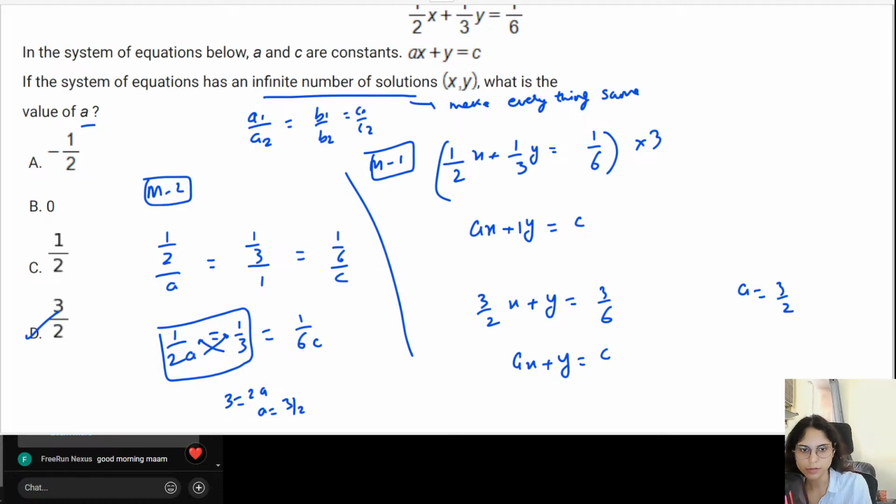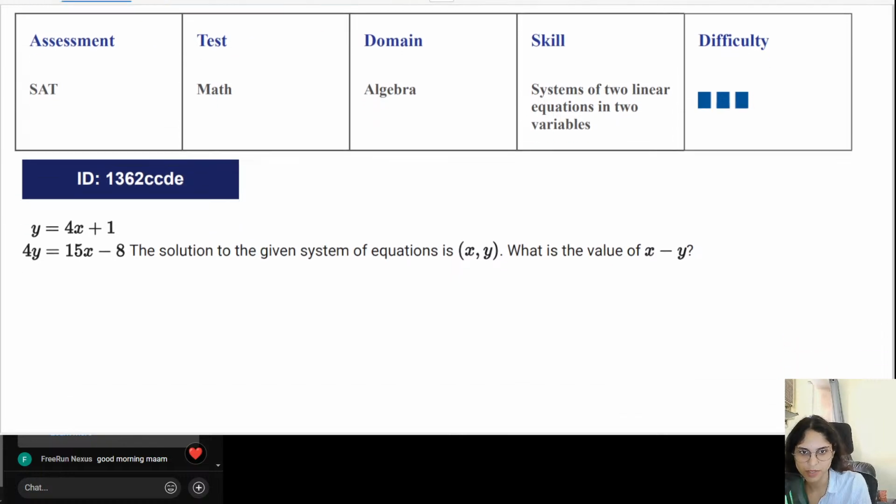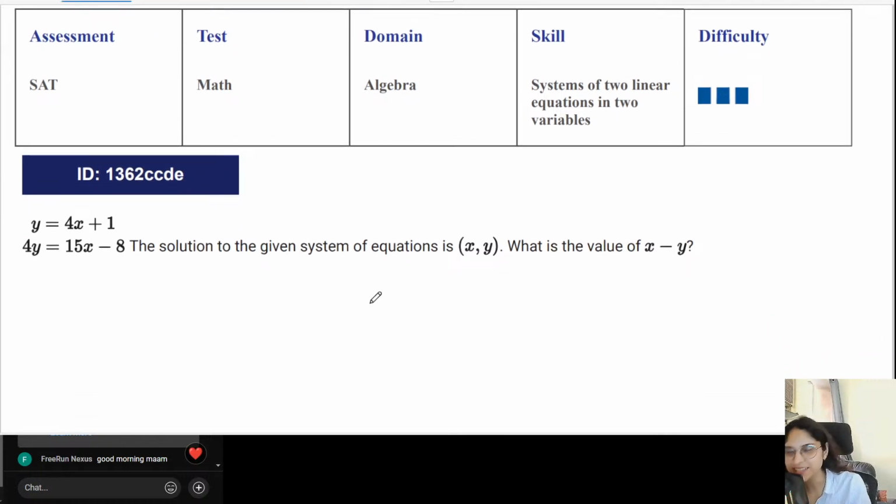Next is question number 26. They want to know x minus y. In easier medium questions, if you would have just added or subtracted, you would have got x minus y, but over here you're not getting 4y minus y is 3y, 15x minus 4x. You're not getting x minus y. So just use Desmos and then do not forget to do x minus y.